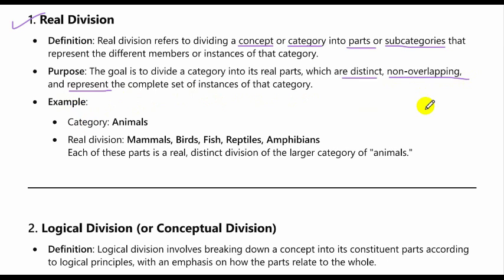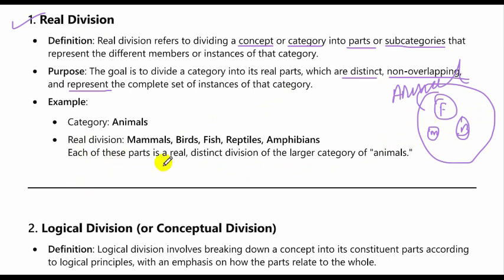For example, there's a category called animal. Now, we have real divisions in that, which is mammals, birds, fishes.